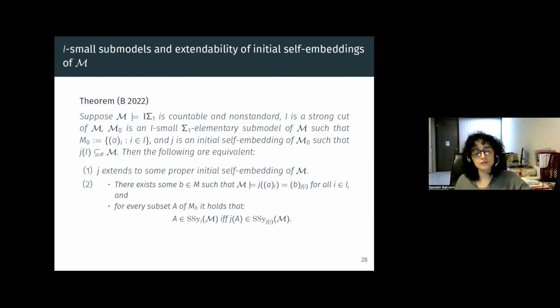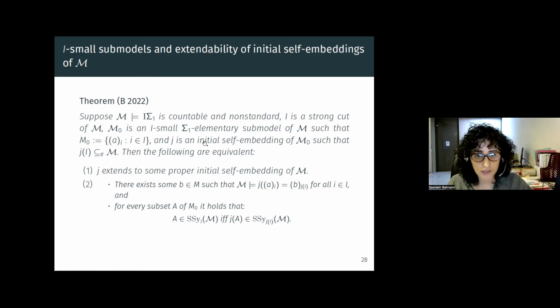And the last theorem is about extendability of initial self-embeddings. Whenever we have a countable nonstandard model M of IΣ1, M0 is I-small, I is strong, and suppose J is an initial self-embedding of M0 such that an extra condition holds here.